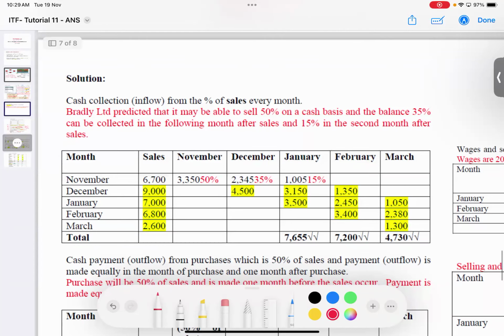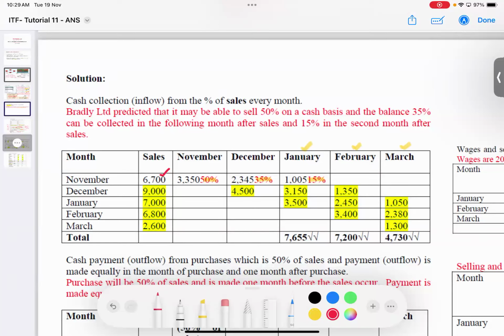For example, in November, your sales is 6,007. 50% you receive in November, 35% in December, and 15% in January. So you see, you have some money you receive in January. Because our focus is only January, February, and March.